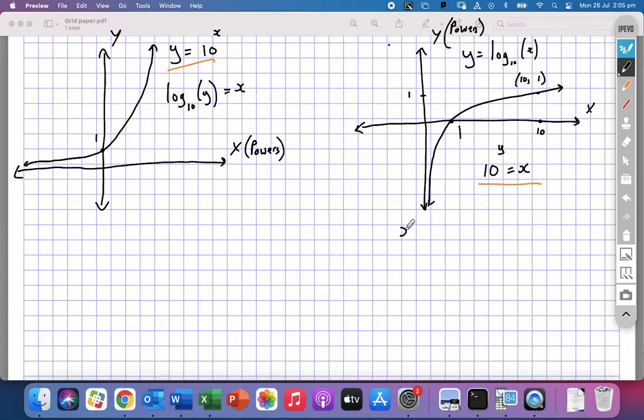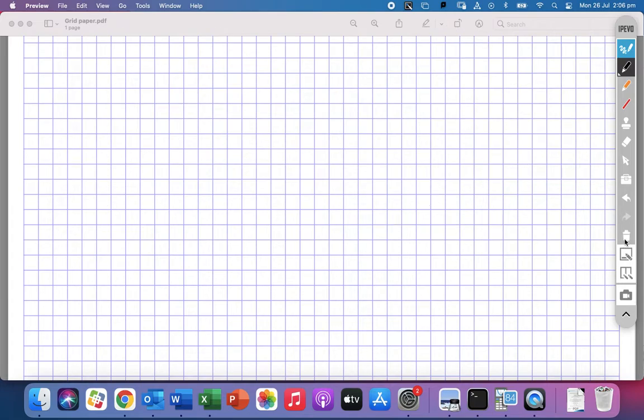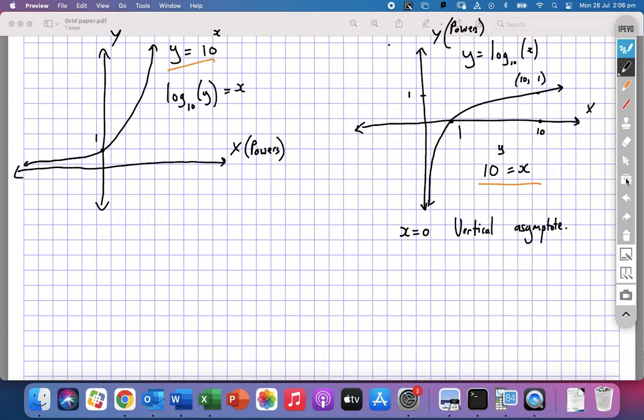We could write it as x equals 0. Vertical asymptote. Right, I just wanted to discuss one more idea. If I was sketching a log graph, I might make some room. No, I want to keep some of that. Let me try this.